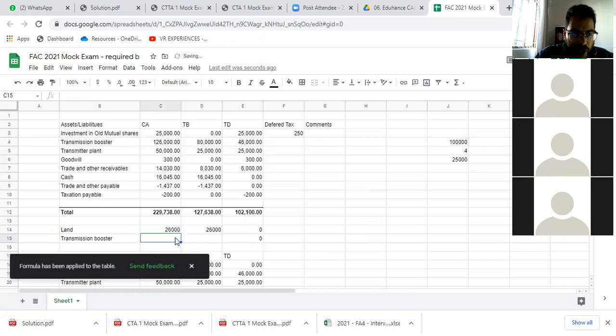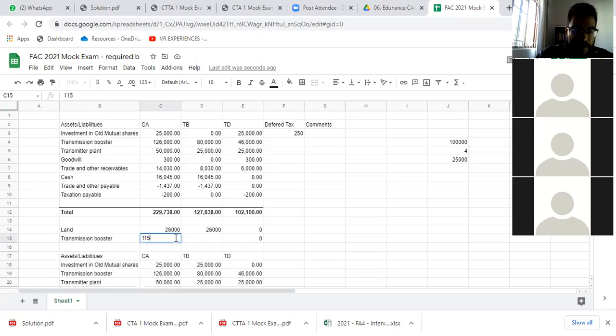Then, as at 31 December 2019, we would have a carrying amount of 115. The tax base in total: if I'm using your rules, it'll be the cost price of 100,000 divided by 4 years, which gives me 25,000.